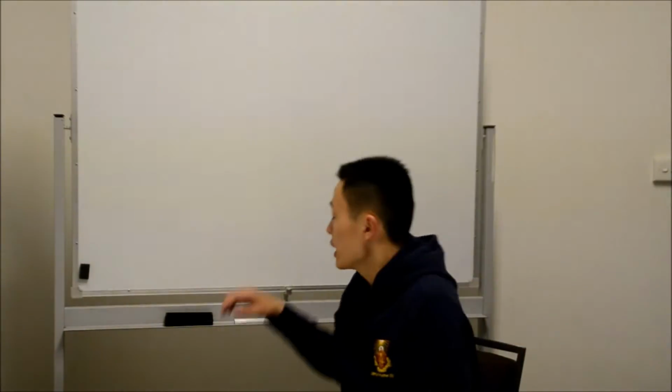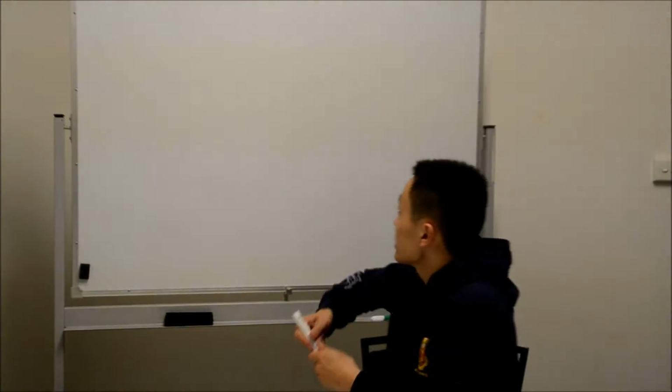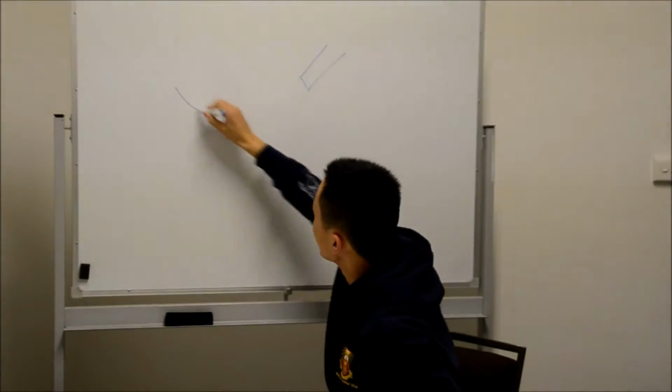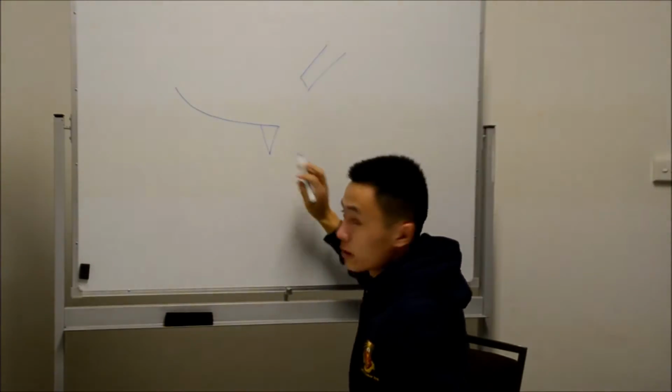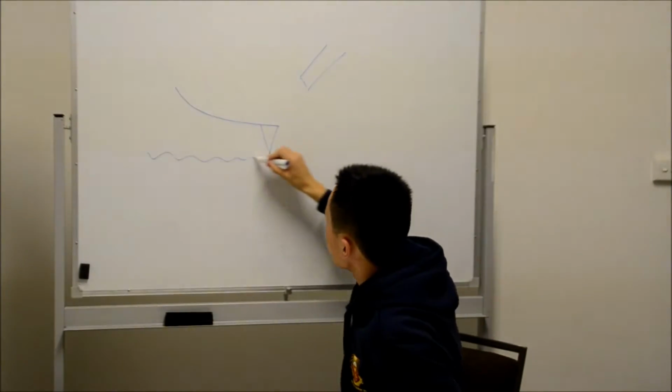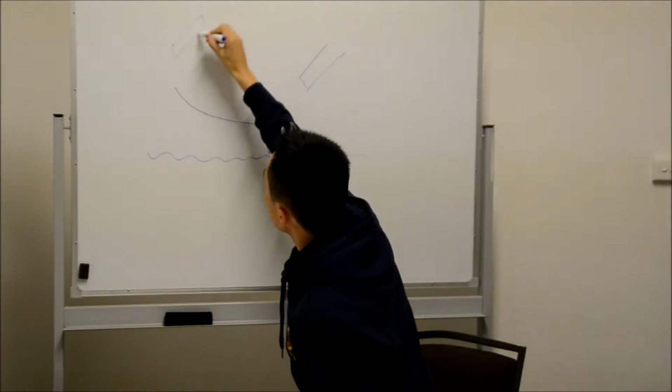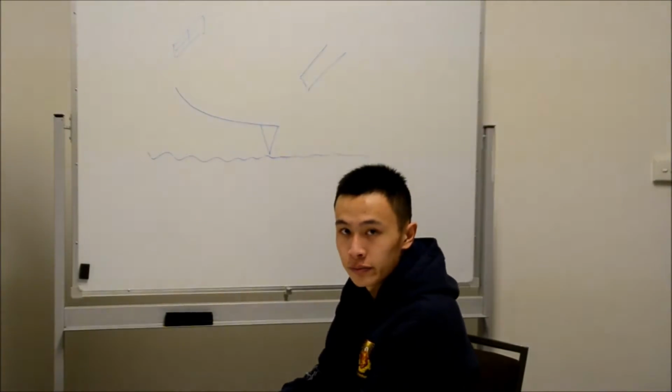So, an atomic force microscope consists of a laser, a cantilever with a nanoscale tip across the surface of whatever you're trying to measure, and a detector.